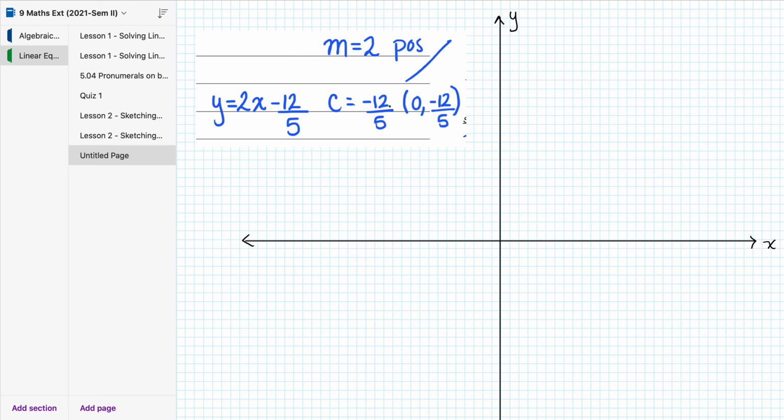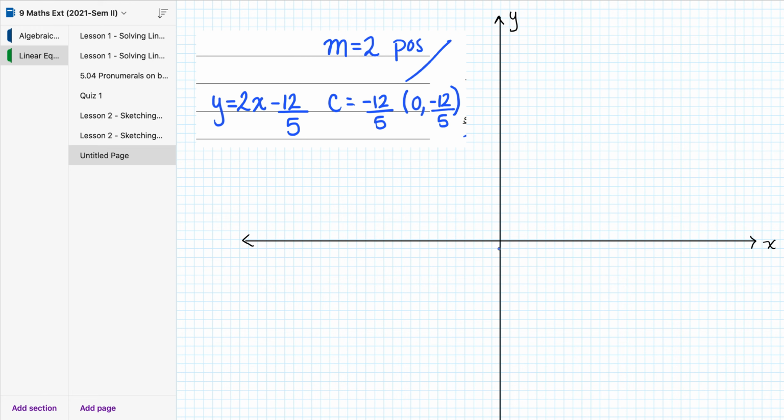Fantastic. So the first step that I have to do is to plot my Y-intercept. So let's do it. Each one of these units is going to be 1/5. So if I go up, I know that I'm going to have 1/5, 2/5. But it's negative, agree? It's negative, so I'm going to go downwards. So it's down.